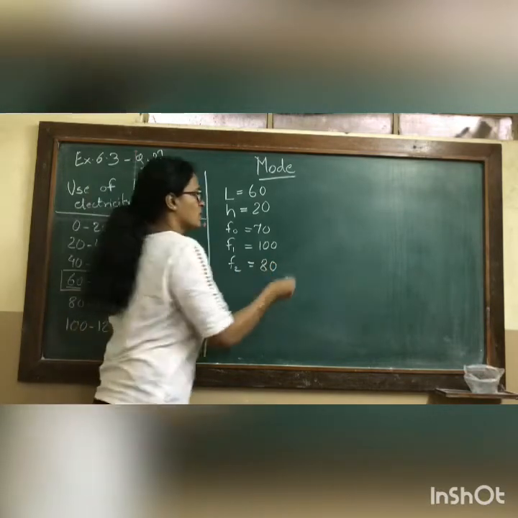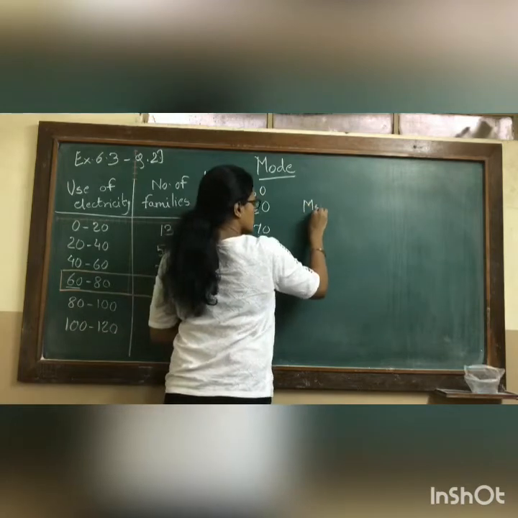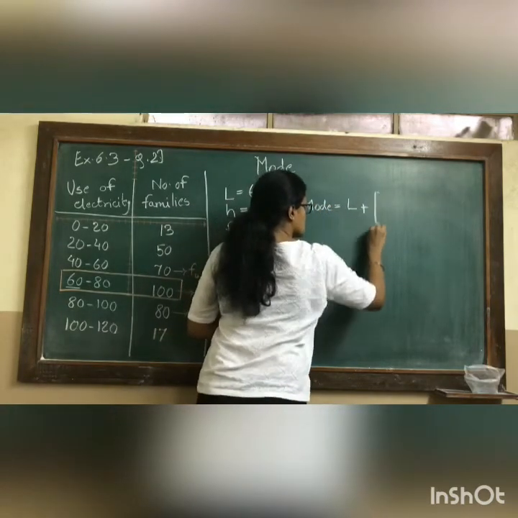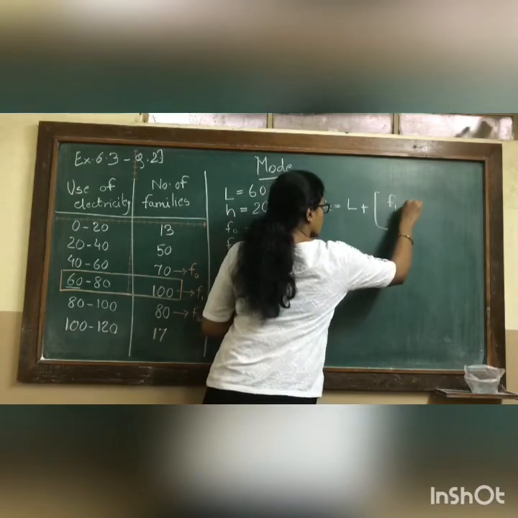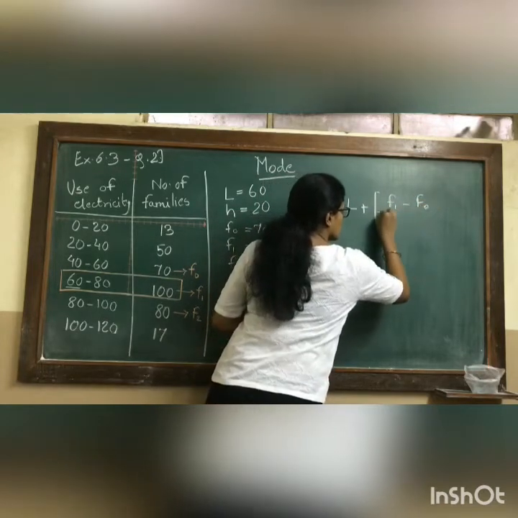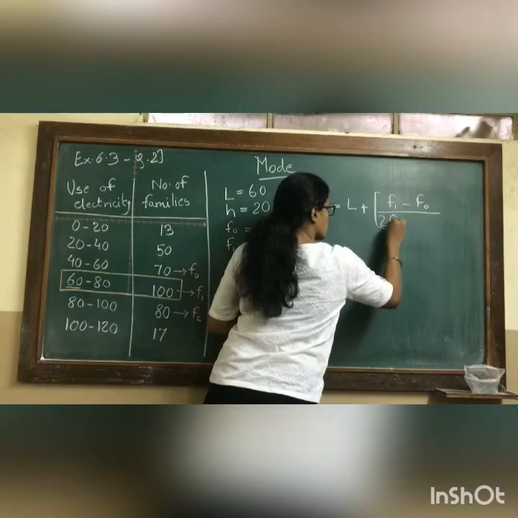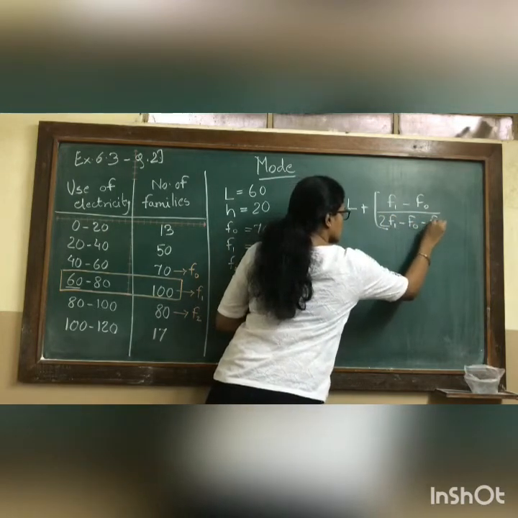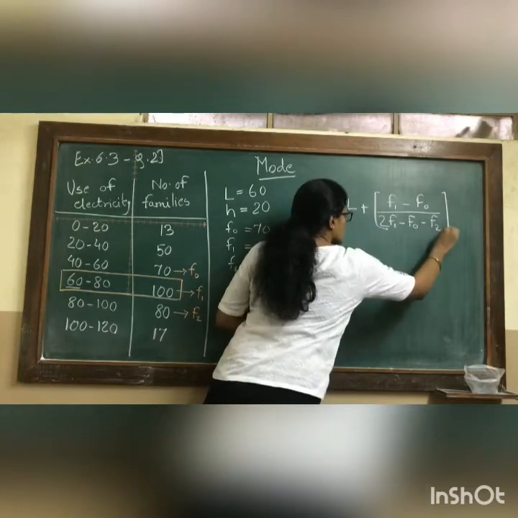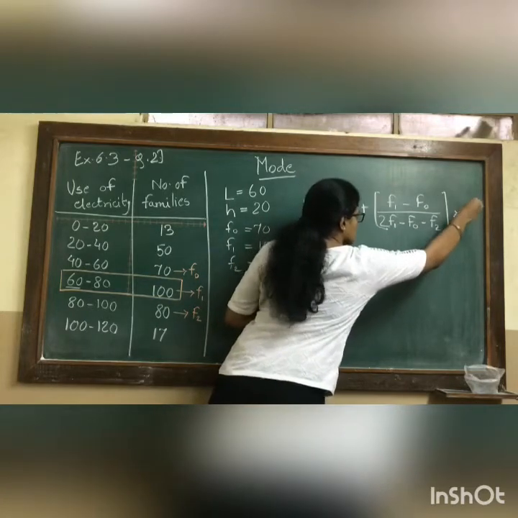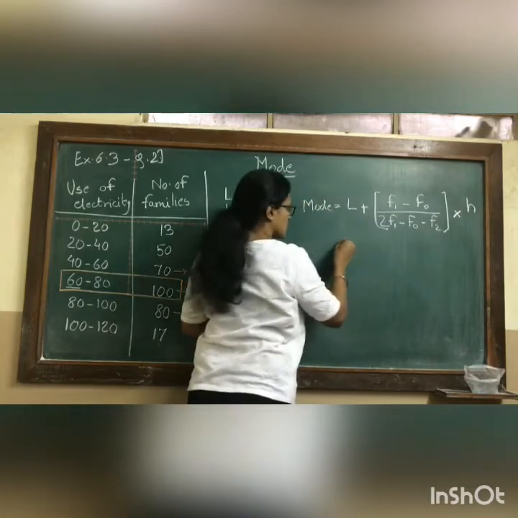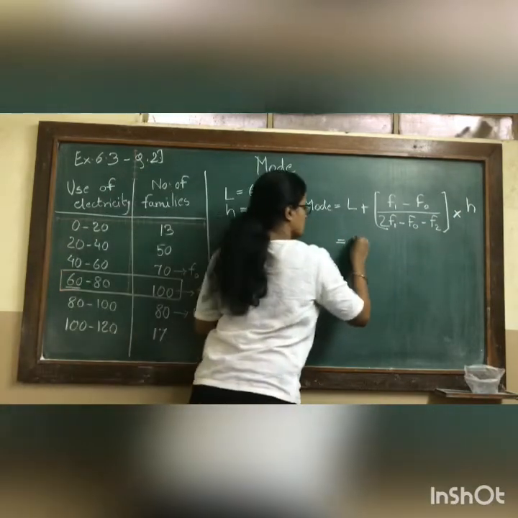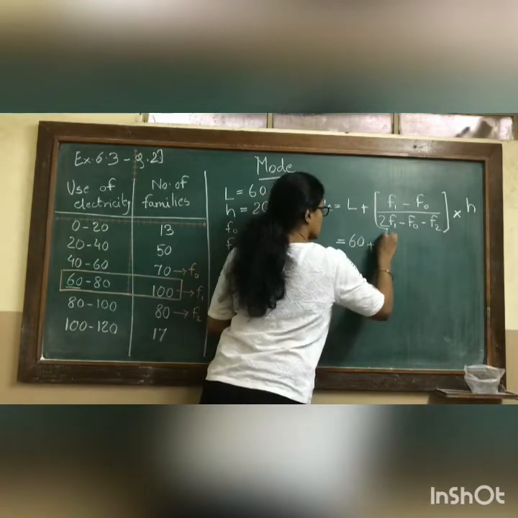Let's see the formula for mode. L plus F1 minus F0 upon twice of F1 minus F0 minus F2 into H. Okay? So the lower limit is 60. Just substitute everything.